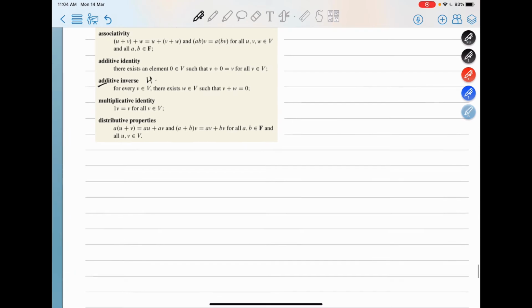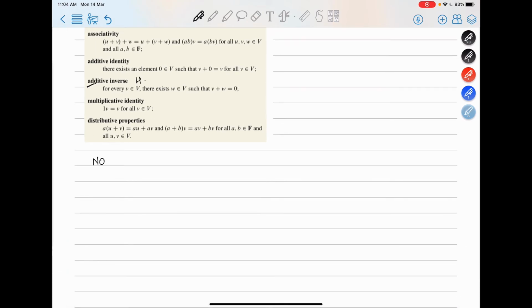Now let small v be any element in capital V. In the field F, we have 1 plus minus 1 is 0.